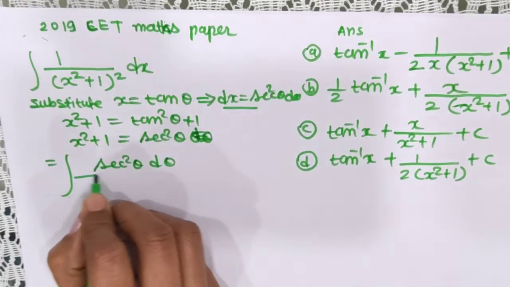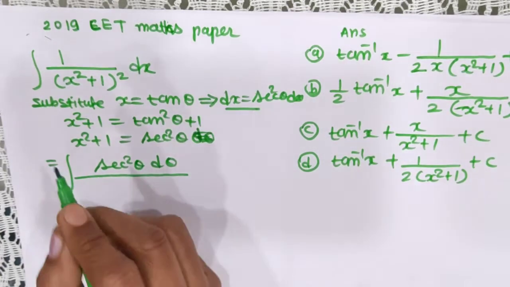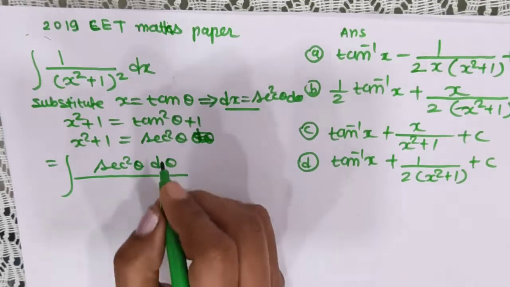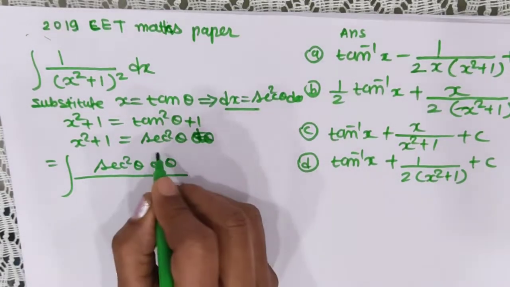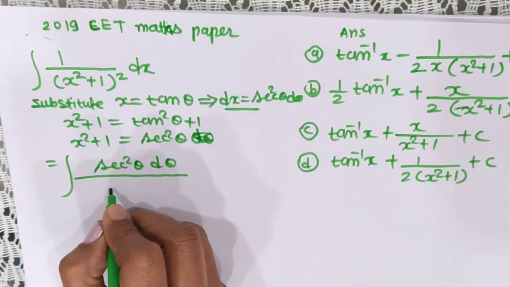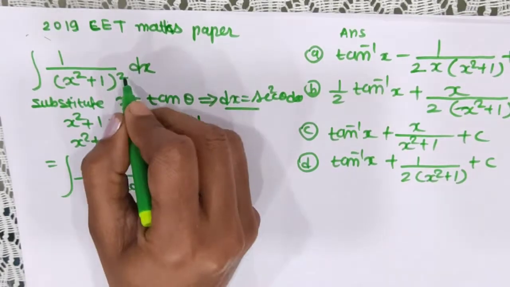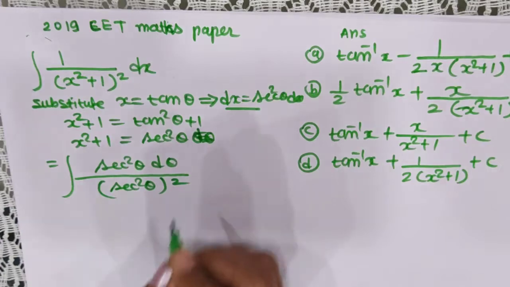Now look at the denominator. What is there? (x square plus 1) whole square. Now (x square plus 1) square in the form of sec is sec square theta, and the square bracket square as it is.